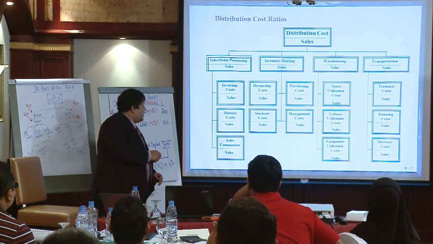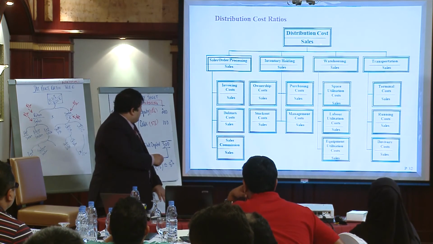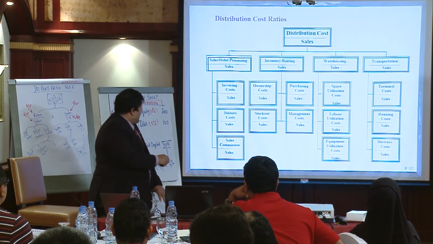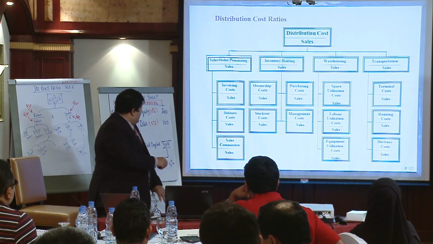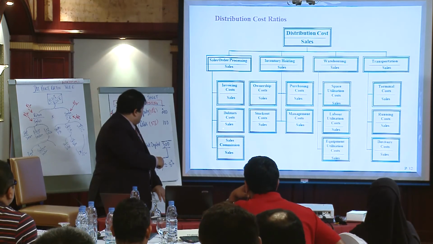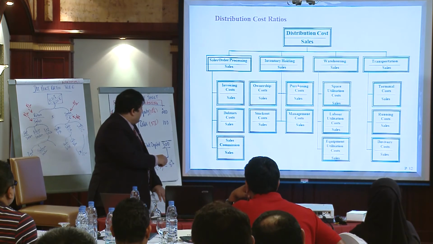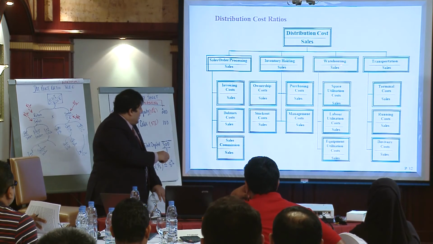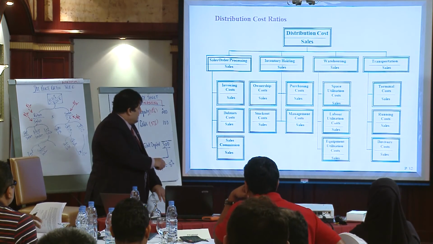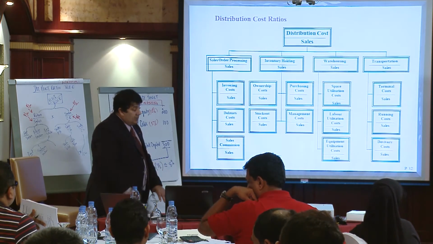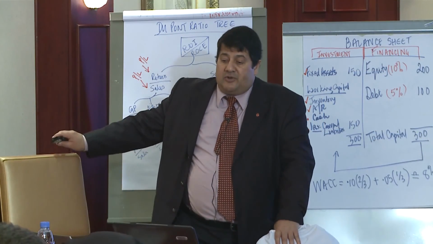So distribution cost in total to sales is broken down into sales order processing, inventory holding, warehousing, and transportation. Sales order processing has invoicing, debtors cost, sales commissions. Inventory holding has ownership, purchasing, stock out, management, all of that divided by sales. Warehousing is space utilization, labor utilization, equipment utilization, and transportation is terminal, running, and delivery. So that's the first stage of looking at these.